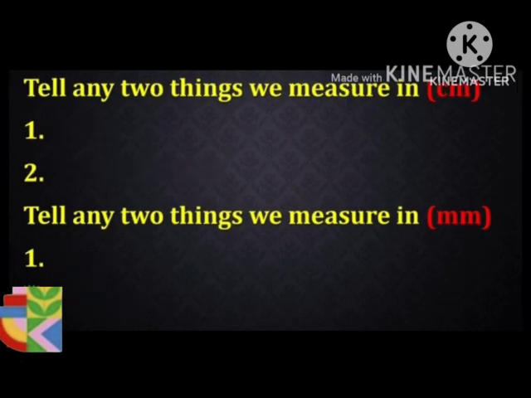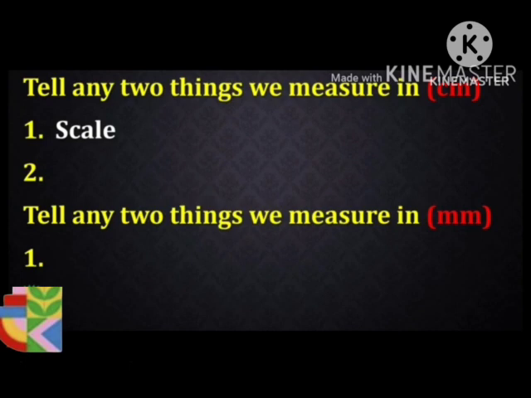Next, tell any two things we measure in centimeters and any two things that we measure in millimeters. Now centimeter is the smaller unit and the most commonly used. So what are the things which you see commonly? Scale, correct. Children, you all use a scale in your daily routine and you can see the numbers given, and along with them centimeter, that is small c and small m, is written.